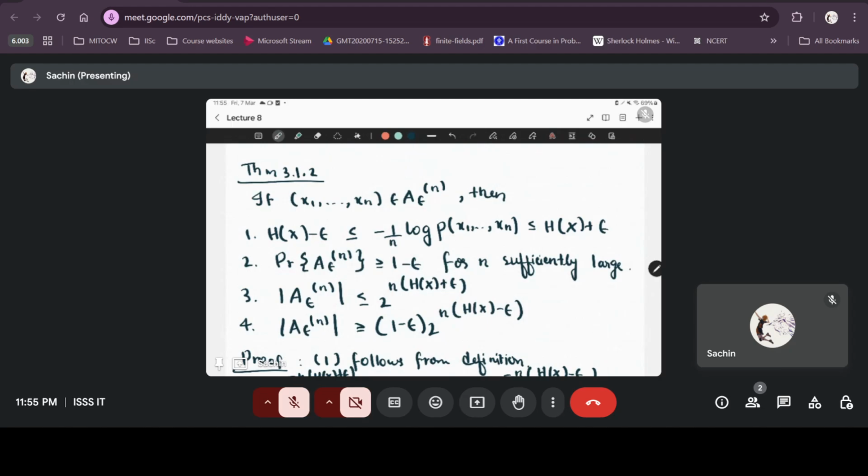Each of the sequences is approximately equally likely, so it's approximately a uniform distribution on the sequences in the typical set. And the sample entropy of each of those is equal to the true entropy of the distribution.